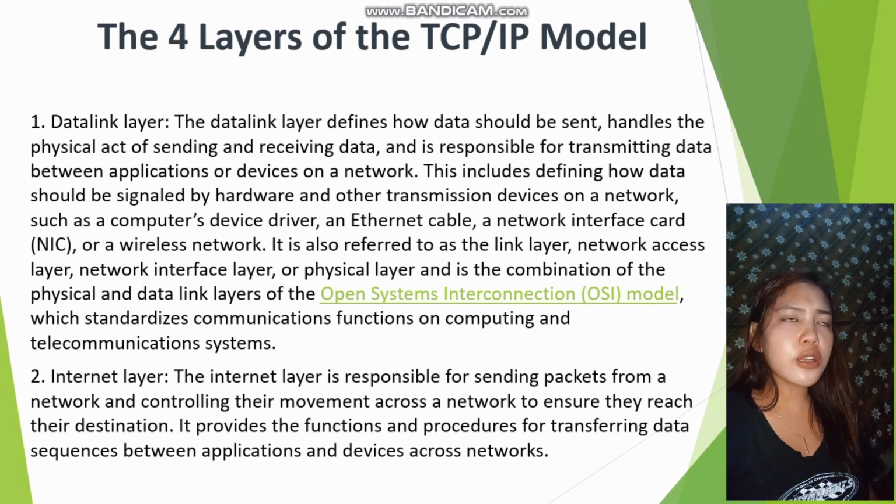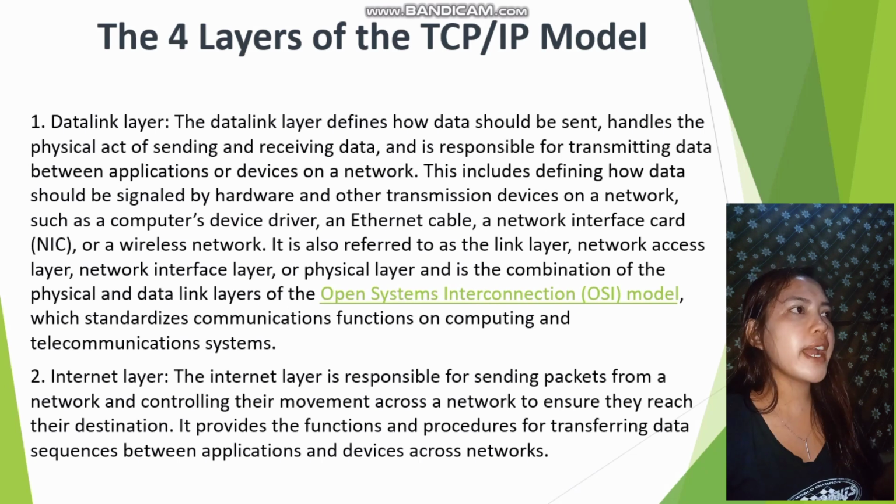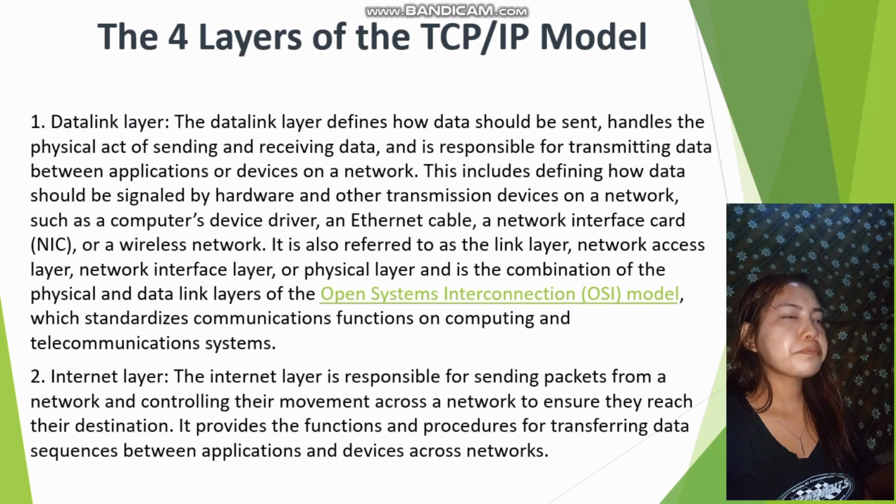This includes defining how data should be signaled by hardware and other transmission devices on a network, such as computers, a device driver, an Ethernet cable, a network interface card or NIC, or a wireless network.